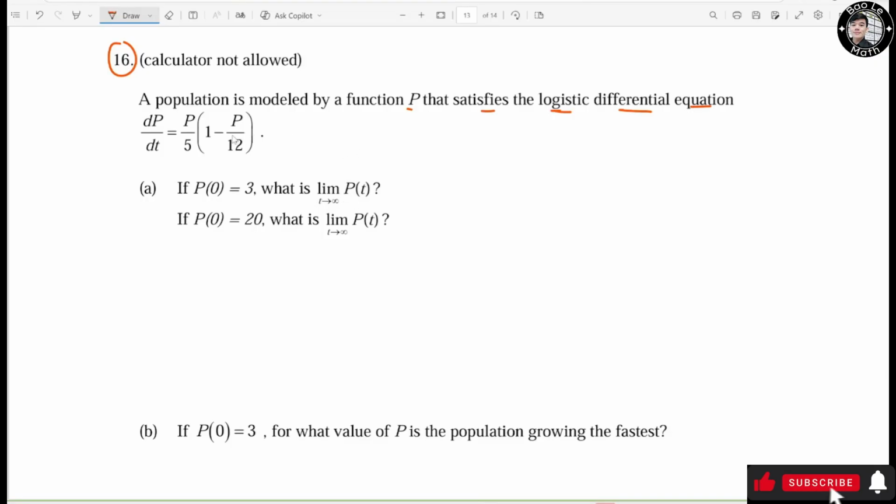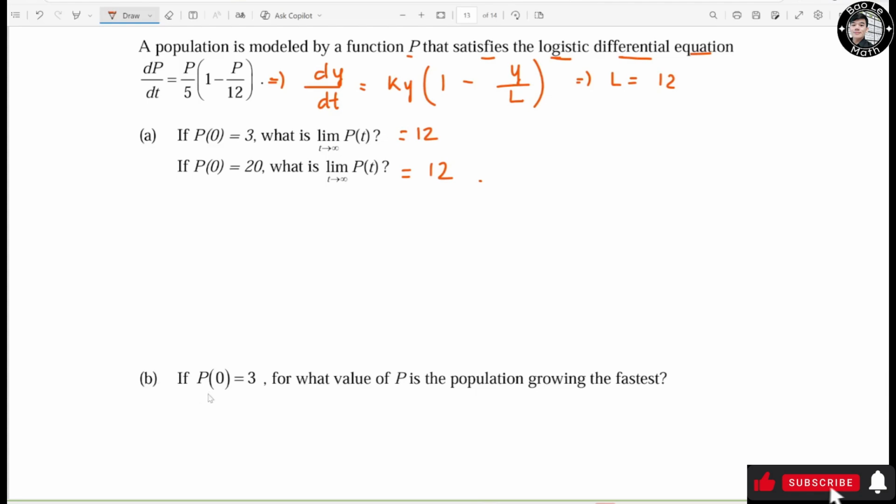Alright, so look at this one. dy over dt equals k times y times 1 minus y over L, right? We just match this up, so we have the carrying capacity is 12, which is the maximum value, right? The limit of this when t approaches infinity is always equal to the carrying capacity, which is the maximum value, right? So it could be 12. This one is still 12, right?